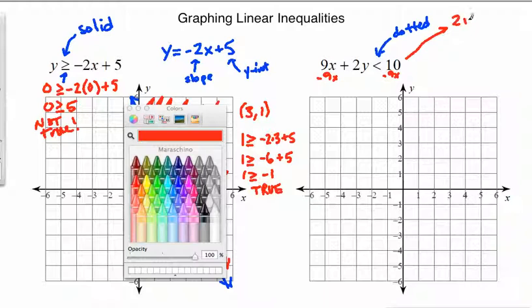Alright, so then we've got 2y is less than negative 9x plus 10. Okay, and then divide by 2. So y is less than negative 9 over 2 times x, and then 10 divided by 2 is 5.